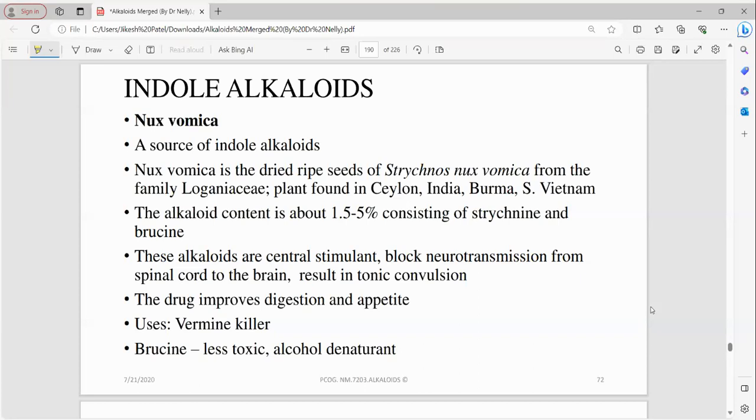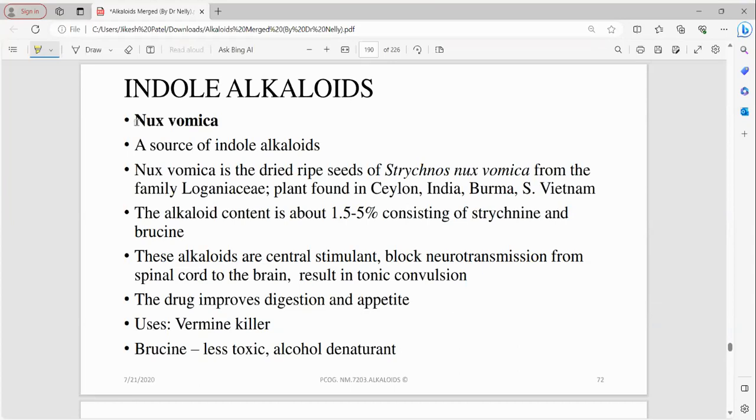Vincristine is used for ALL, acute lymphocytic leukemia. Vinblastine is used for lymphoma, both Hodgkin's and non-Hodgkin's. So those are the two we've looked at under indole. Now we are looking at the third one.